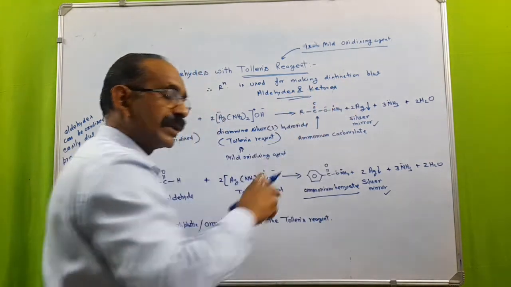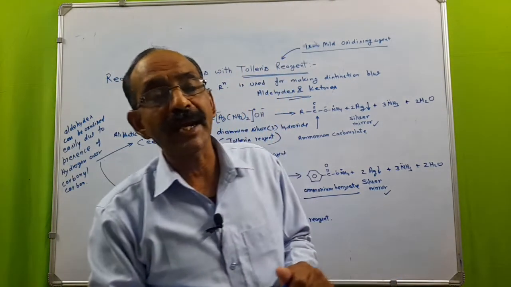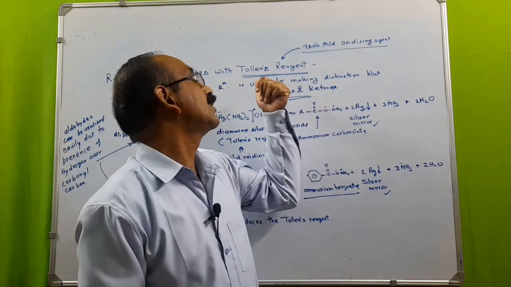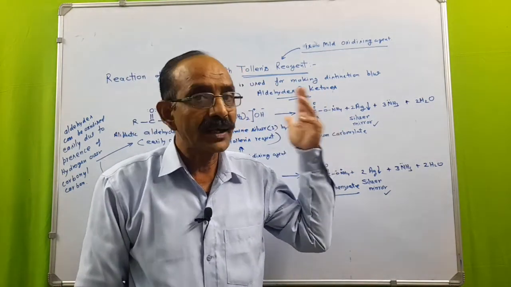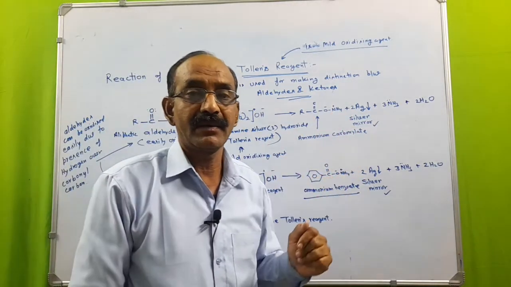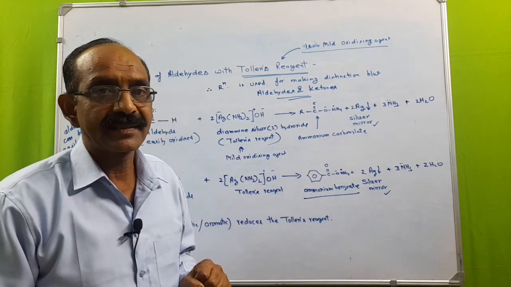So suppose the question is how to write a chemical test for making a distinction between acetaldehyde and acetone. We may make use of the Tollen's reagent. Tollen's reagent will give a positive silver mirror test with acetaldehyde, while acetone does not give this test. Is it clear?